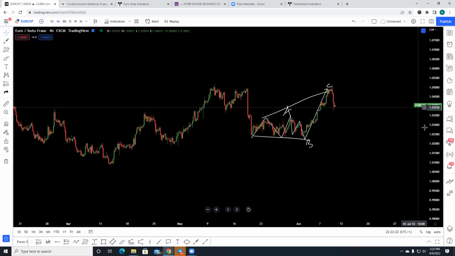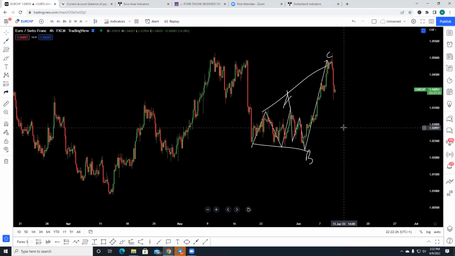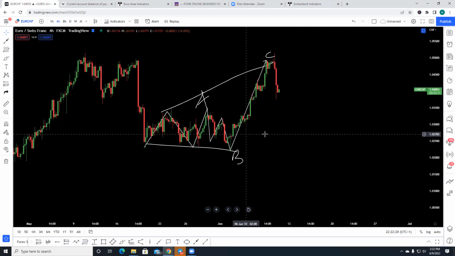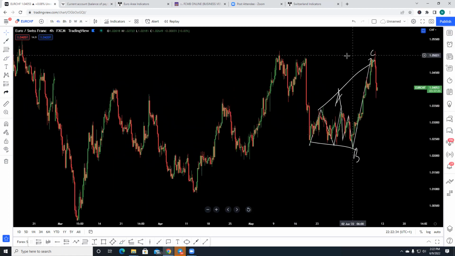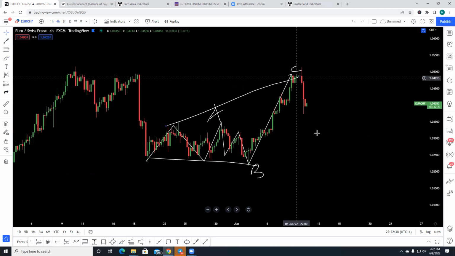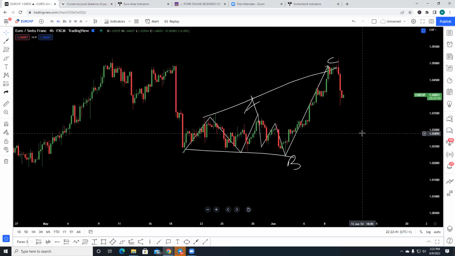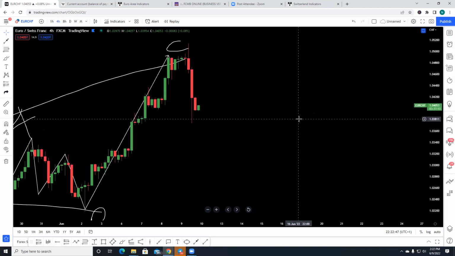And after this expanding flat corrective structure is formed, you want a push to the downside that is in alignment with our fundamental analysis. And then when this grabs liquidity and supply here, it already gives you a push to the downside.